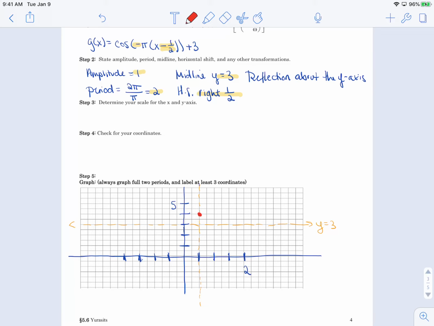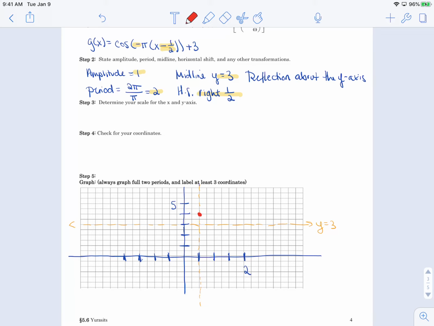Now, with this reflection piece, the vertical line here is the y I'm reflecting over, because it takes care of both things, right? If we reflect over the y and we shift, we will get the same thing right here if we shift over the horizontal shift.